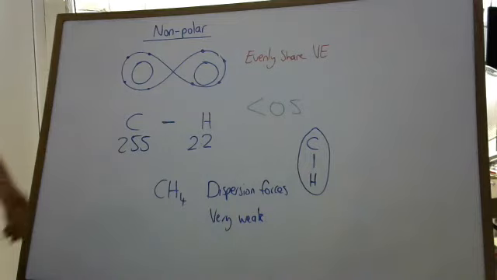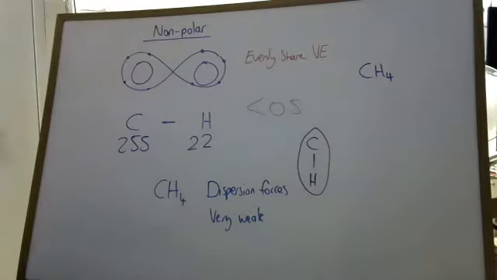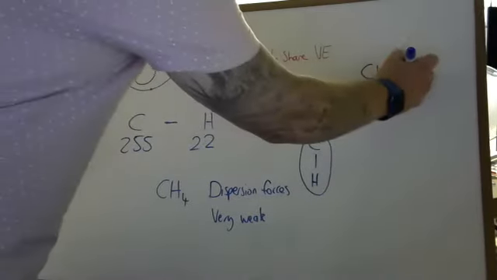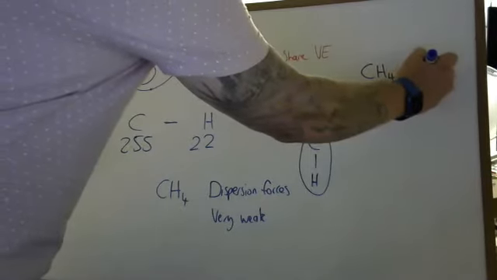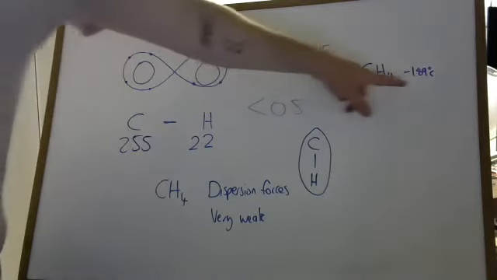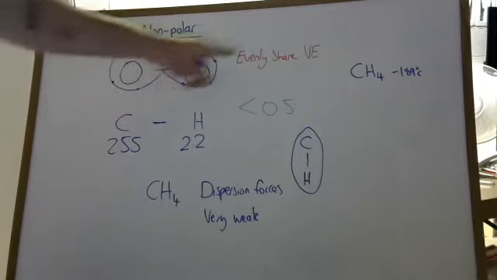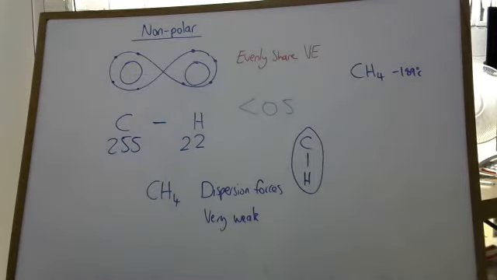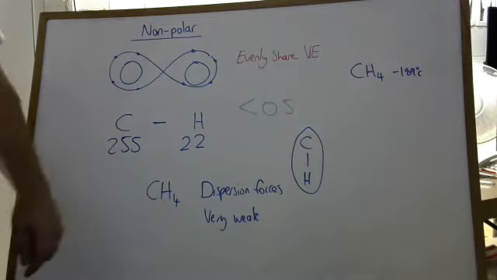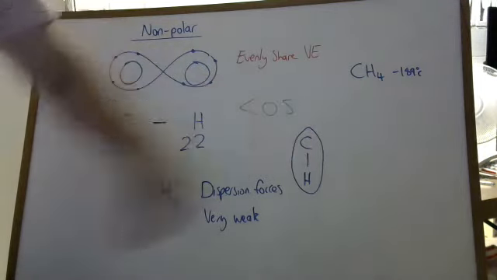So if we were looking at CH4, or methane, it has a boiling point of minus 189 degrees. So dispersion forces, minus 189 degrees. Okay, everybody understand that? It's non-polar because the electrons are shared evenly. So the intermolecular forces, or the dispersion forces, are really weak because there's no positive or negative charge really, not for any extended period of time.